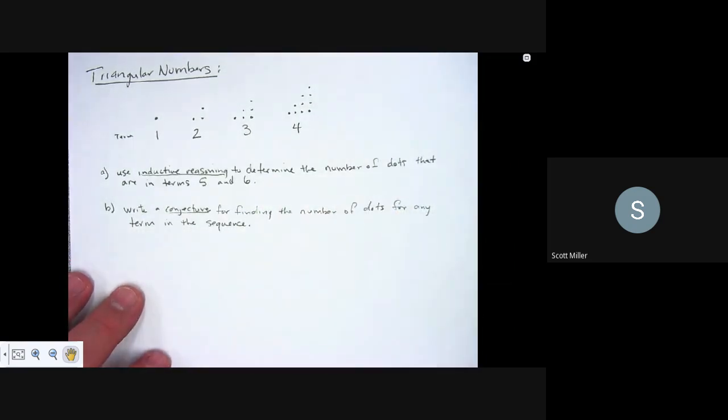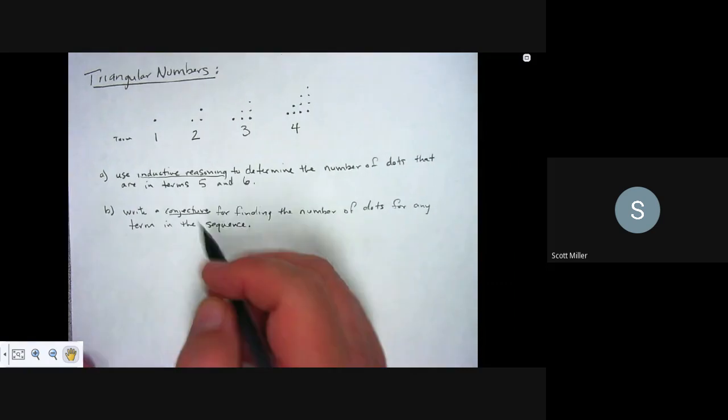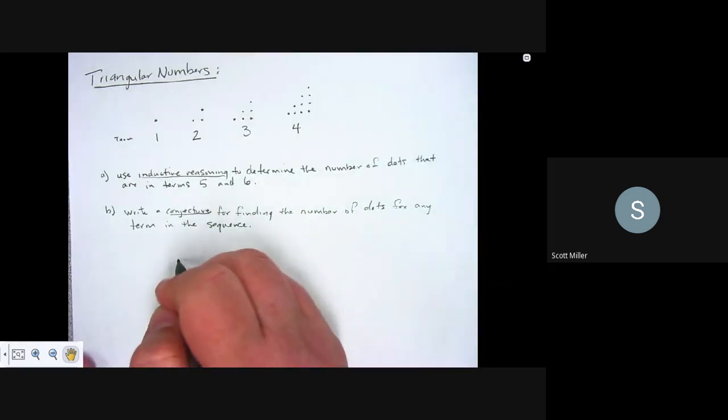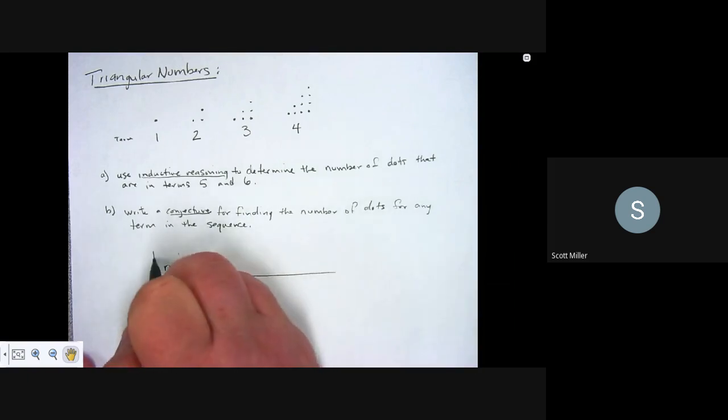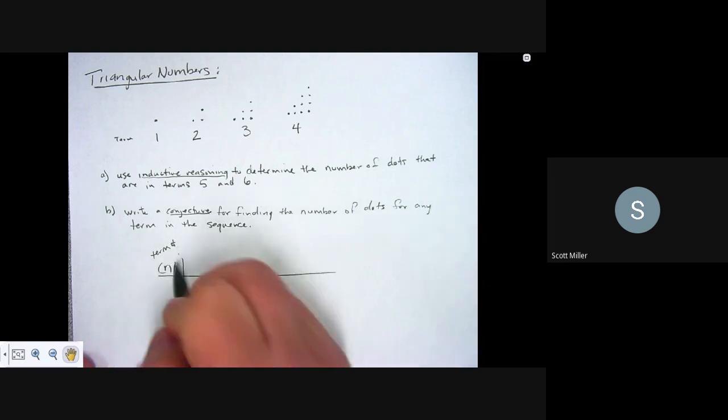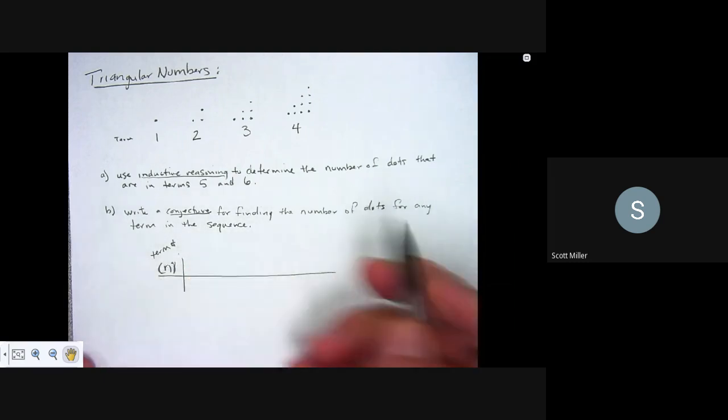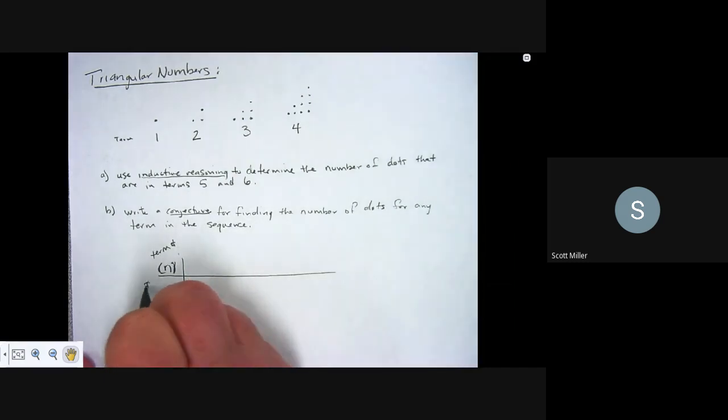We can do this a couple of different ways. Most of the time what we've done is we did this in a table. So if I make a table, n is the term number, and then it's a sequence, so we just use the number of dots, and we call it a sub n.